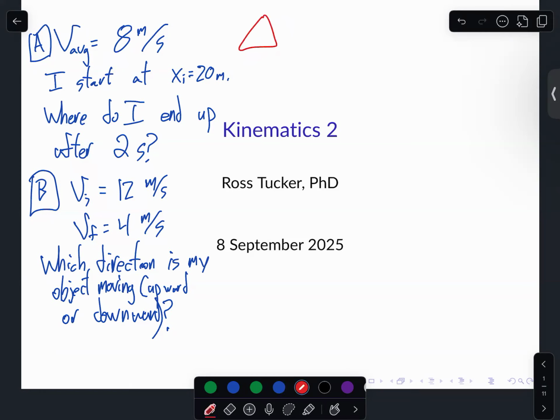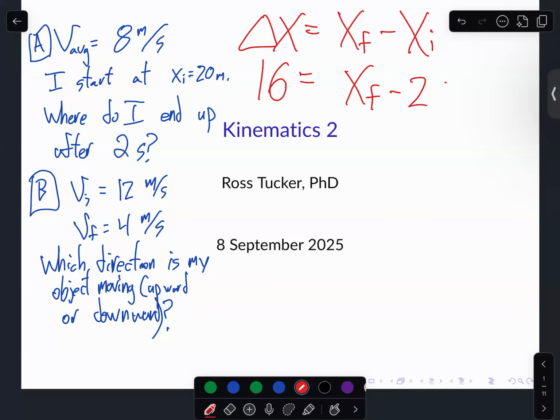If I have a displacement, that means that my final position minus my initial position is some value. The displacement is 16 meters, the final position is my unknown, and my initial position is 20. This should not be a difficult equation to solve with algebra. What do I do to both sides to get x final alone? I add 20. 16 plus 20 is 36.